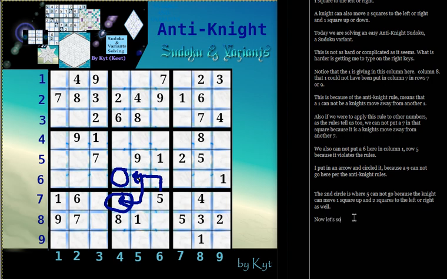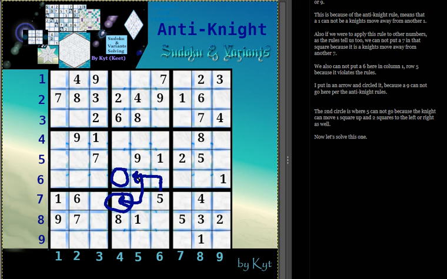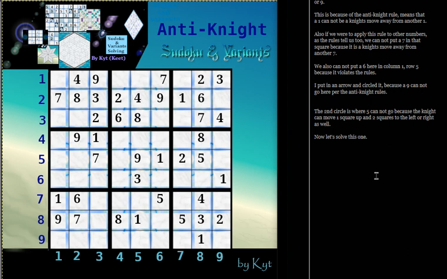Now let's solve this one. Easy will give us time to get used to how a knight moves.